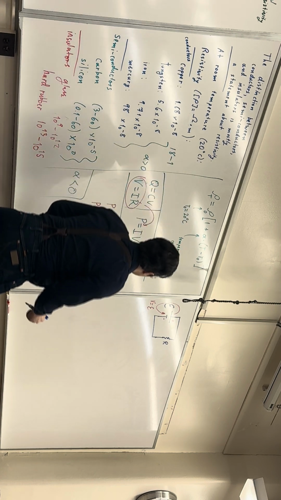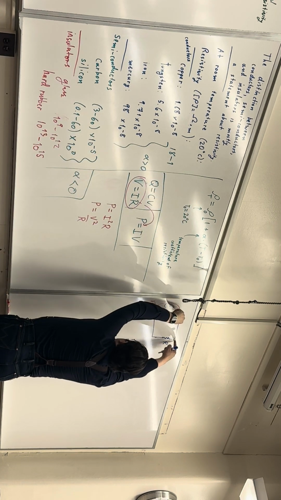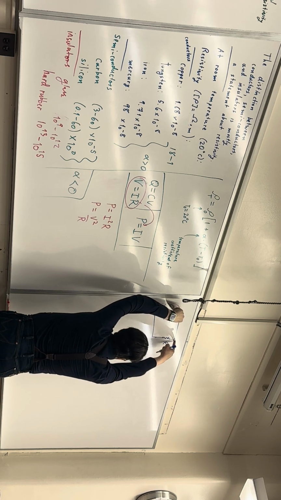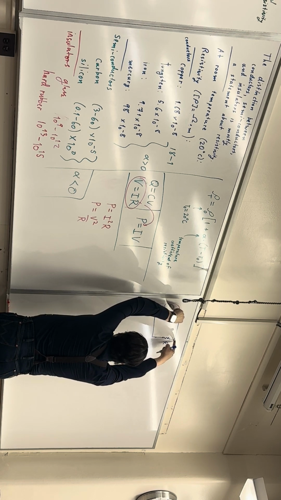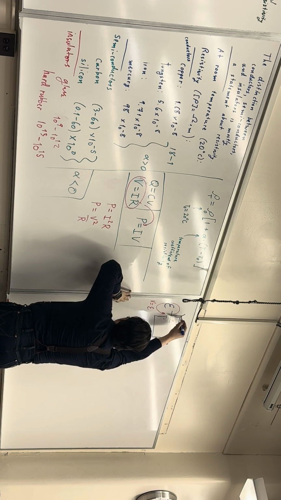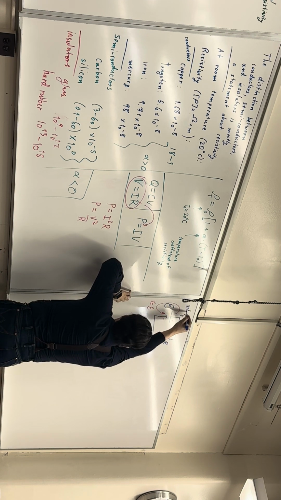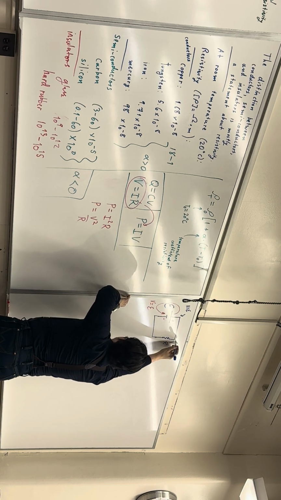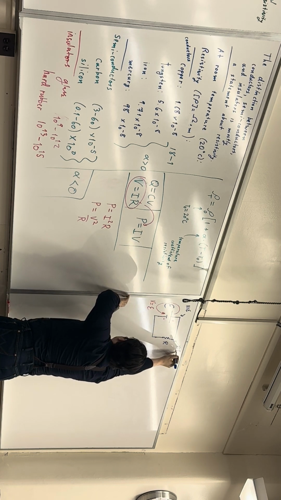That means the voltage difference from here to here is going to be really tiny. So roughly speaking, there's no voltage drop. And then if this point has voltage curly E, then this point should also have voltage curly E.